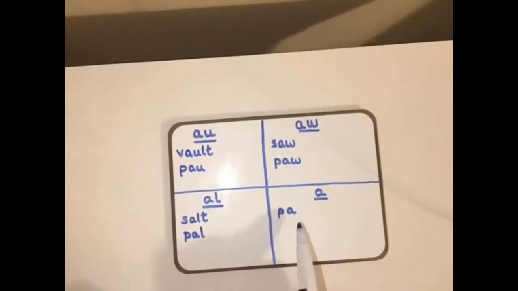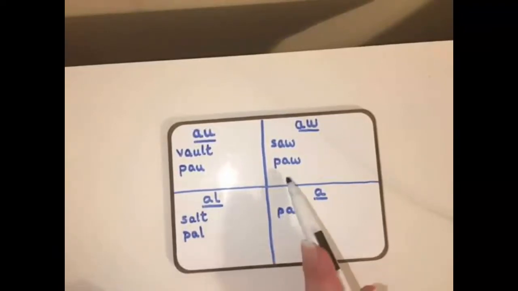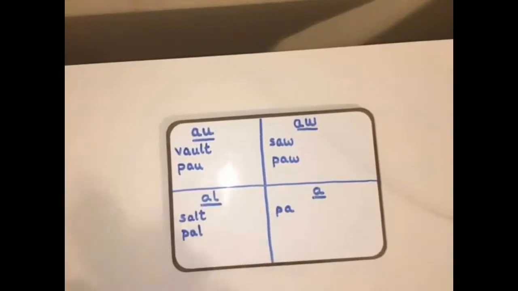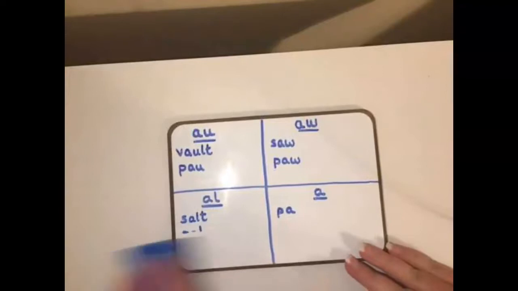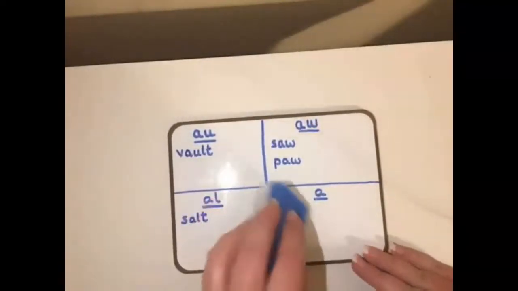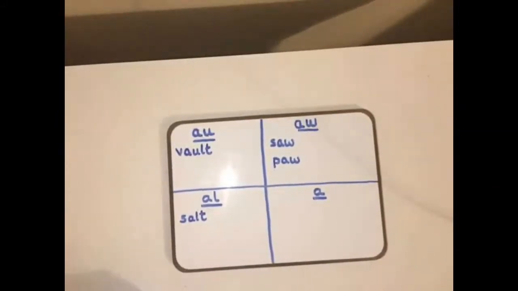When you say them, you can feel the difference in your throat and your tongue. Paw, pa. It's a little tiny difference, okay? So we will keep that one and erase the others, okay?